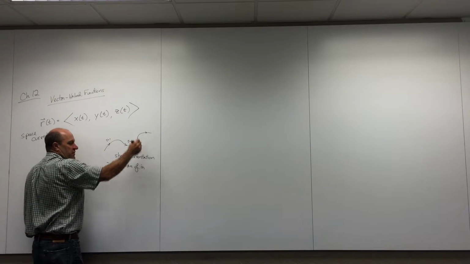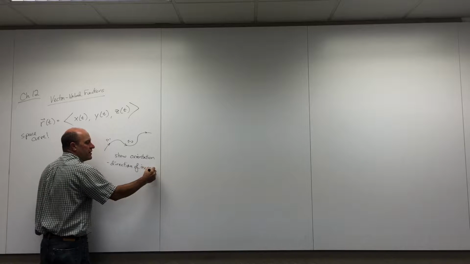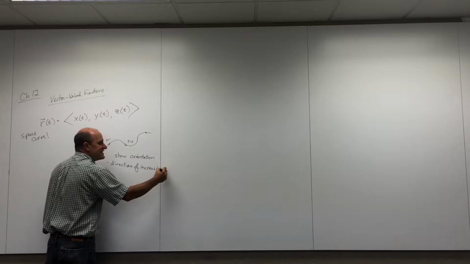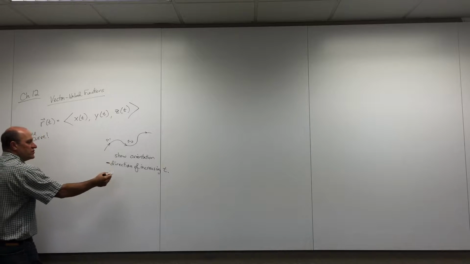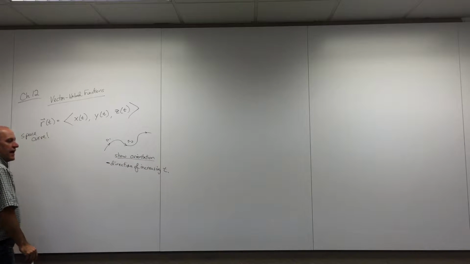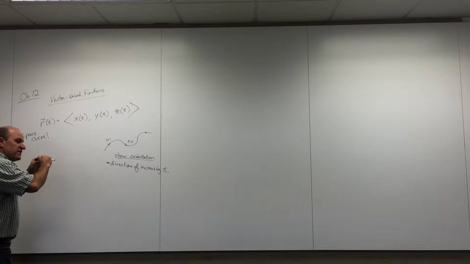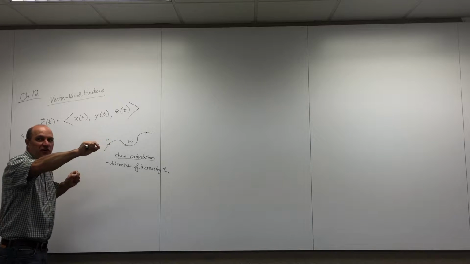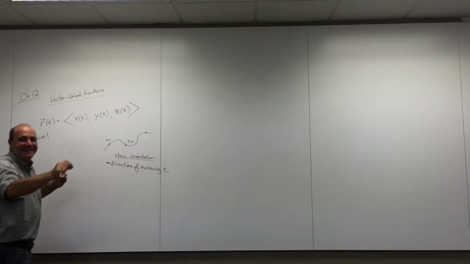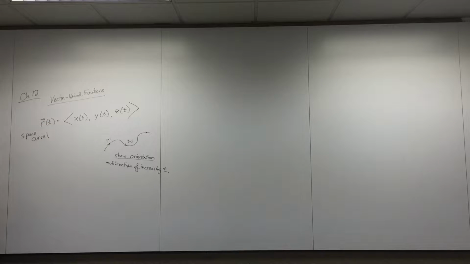Again, I just drew an abstract picture on the board here. Direction of increasing t, showing orientation. And it's just a curve, an infinitesimally thin line, but it can curve, so it's not a line.